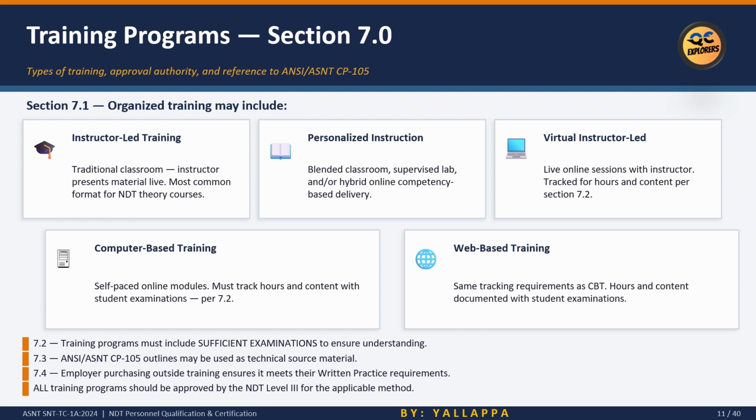Another important point: ANSI/ASNT-CP-105 may be used as the training outline source, and all training programs should be approved by the applicable NDT Level III. Even if outside training is purchased, the employer remains responsible for ensuring compliance with the written practice.